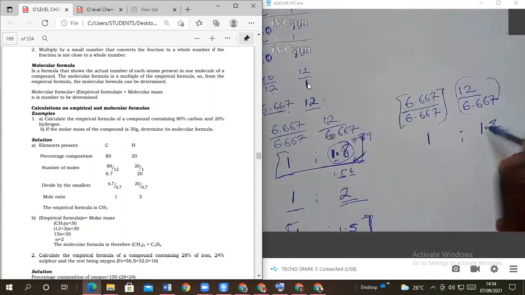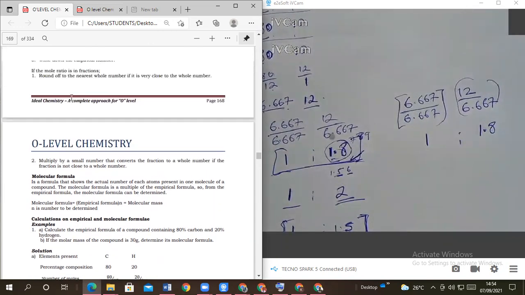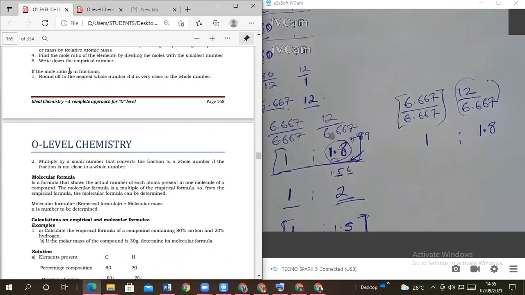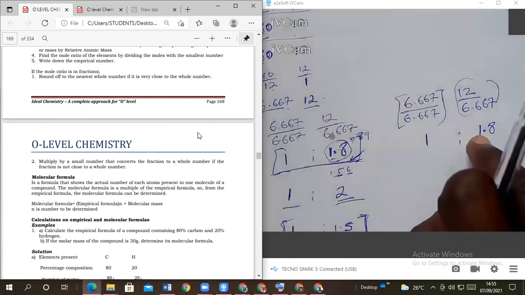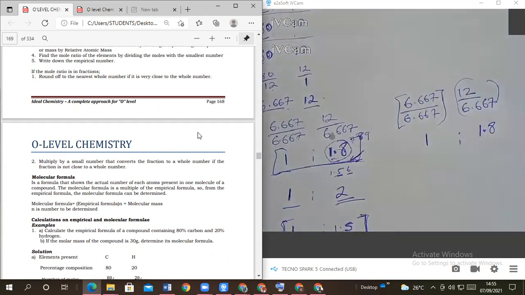This is 1.8. Now, from this condition here, if the mole ratios are in fractions, 1.8 is a decimal, but you can convert it to a fraction. So now here, round off to the nearest whole number if it is very close to the whole number.